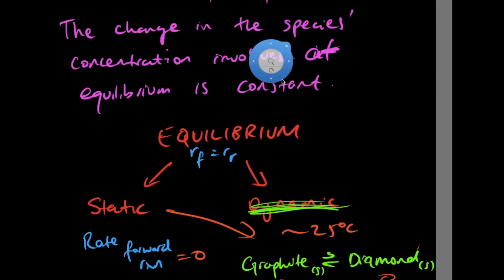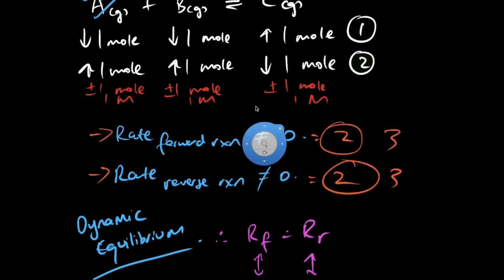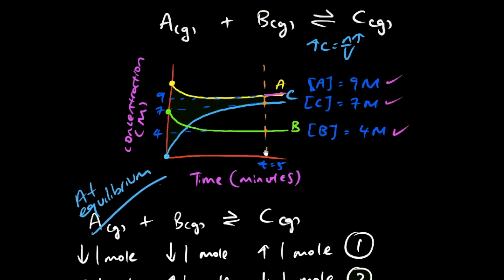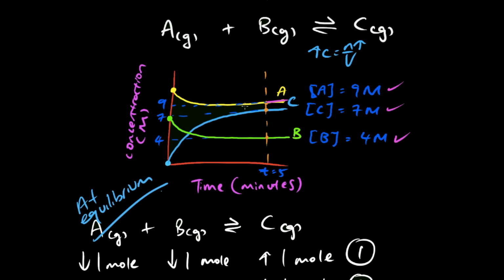We already had a look at that before: before equilibrium has been reached, the change in the concentration of the species involved in the equilibrium reaction is not constant, right? It's constantly changing over time.